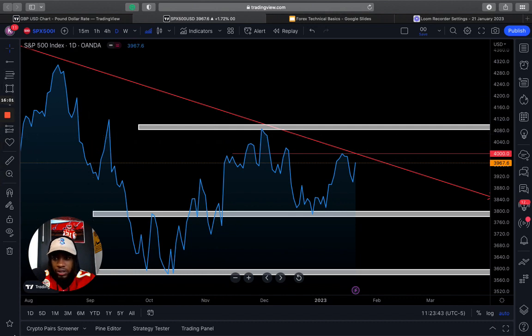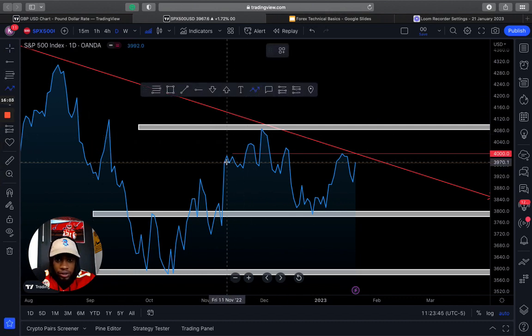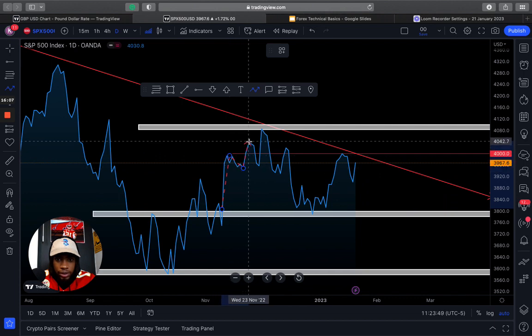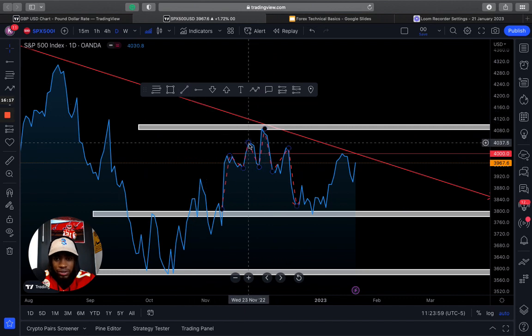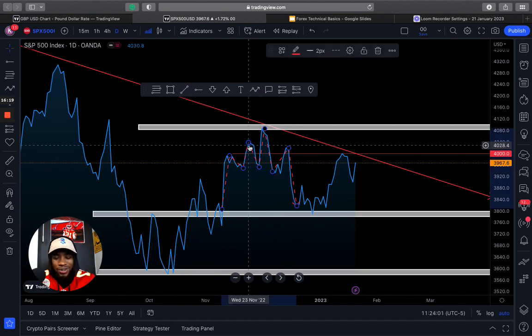So we're seeing this run up, left shoulder, head, right shoulder, drop, right? Now that looks very similar to that head and shoulder pattern that we've seen, right?